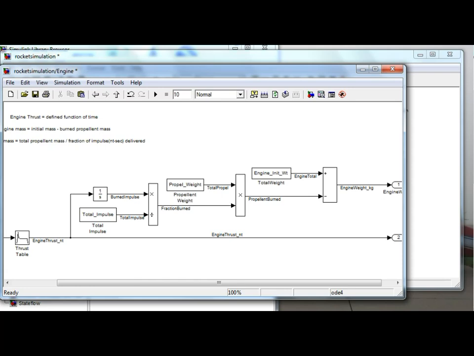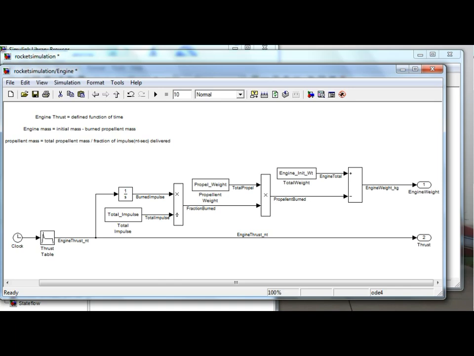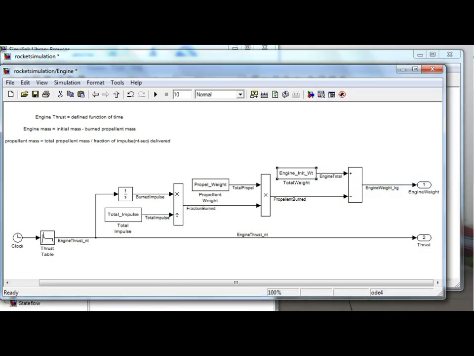So that's a straight output. I also wanted to output the engine weight, okay, in kilograms. Well, to do that, here's my equation. The engine mass is the initial mass minus burnt propellant mass. That's the middle line there. So here's my engine initial mass here in this block, which is a workspace variable again.